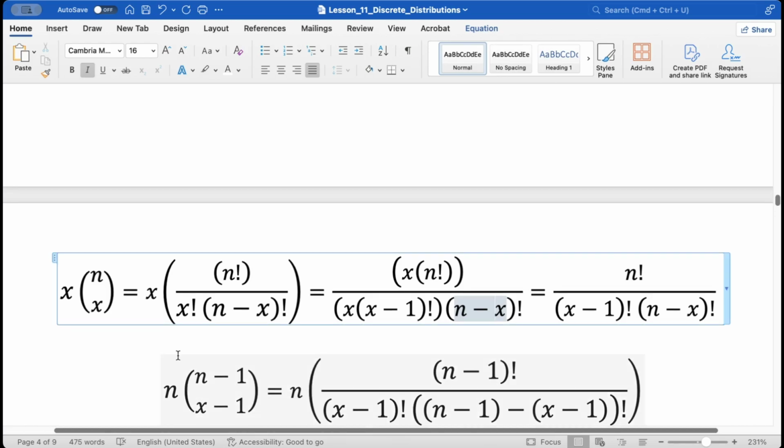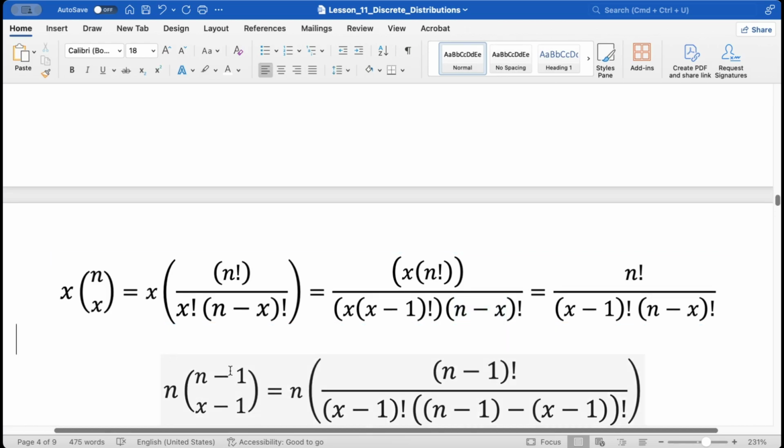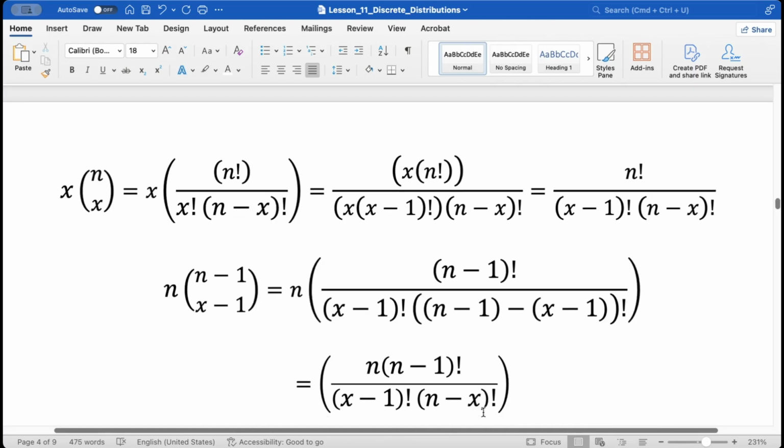Now, it turns out that this is the same as n times n minus 1 choose x minus 1. So what's n minus 1 choose x minus 1? It's n minus 1 factorial on top, divided by x minus 1 factorial times the difference factorial, n minus 1 minus x minus 1. Doing that subtraction, the ones cancel out, and we're left with n minus x factorial.